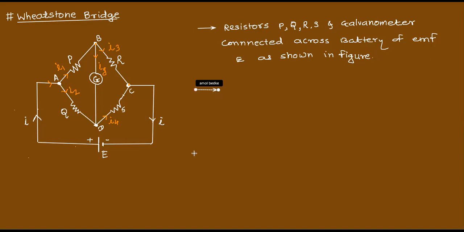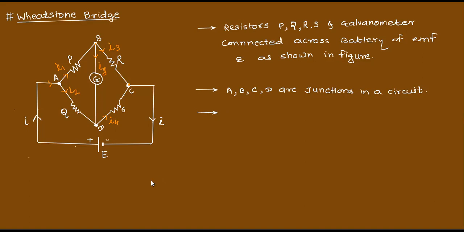Next, A, B, C, D are junctions in a circuit. So A, B, C, D are the junctions.